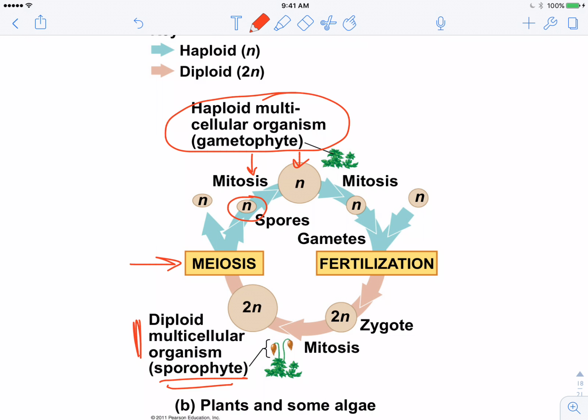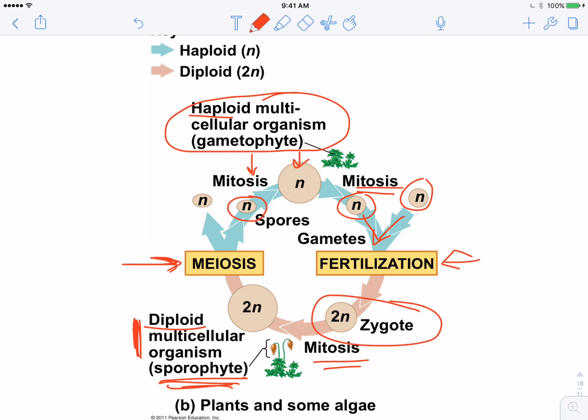Some cells of the gametophyte divide via mitosis to produce gametes. Gametes from two organisms fuse via fertilization to produce a diploid zygote. That zygote divides via mitosis to produce our diploid sporophyte, and then the process just begins again. So there are multicellular forms of both a diploid and haploid organism.